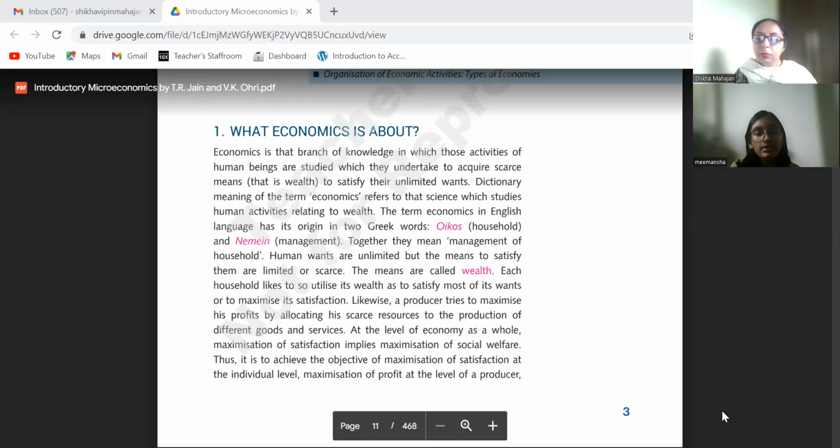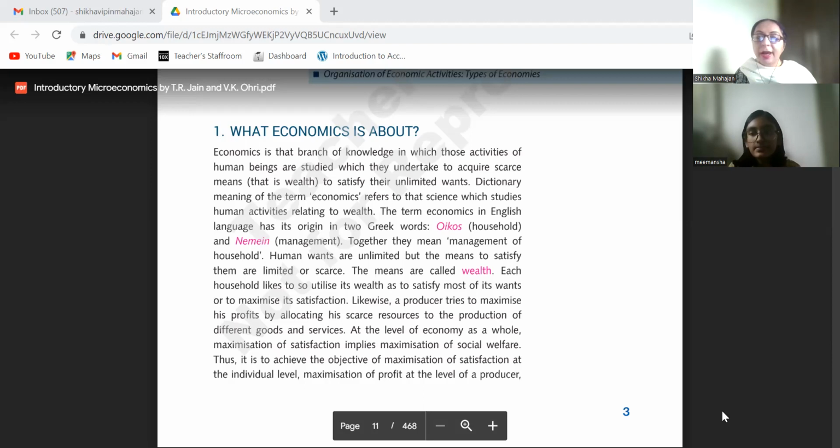At the level of economy as a whole, maximization of satisfaction implies maximization of social welfare. Thus, it is to achieve the objective of maximization of satisfaction at an individual level and maximization of profit at the level of a producer.